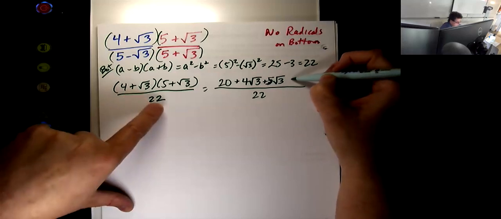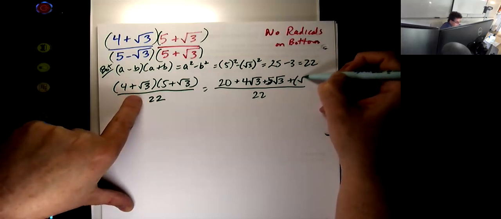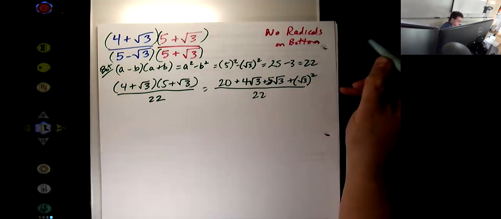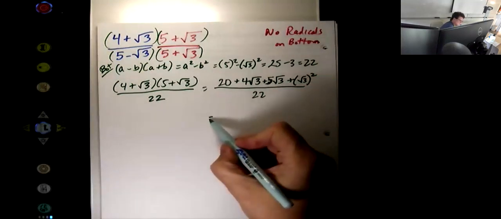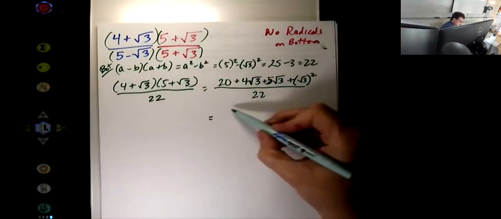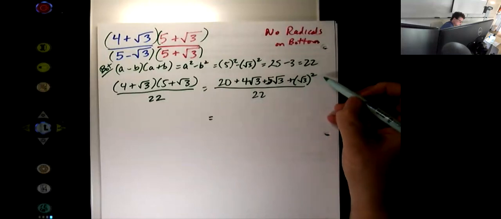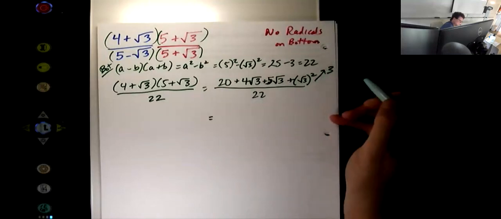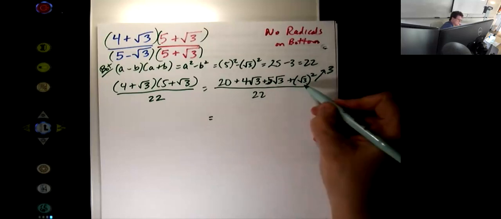And then I've got plus square root of 3 squared. That's just 3 right there, right? The square root of 3 squared is just 3.